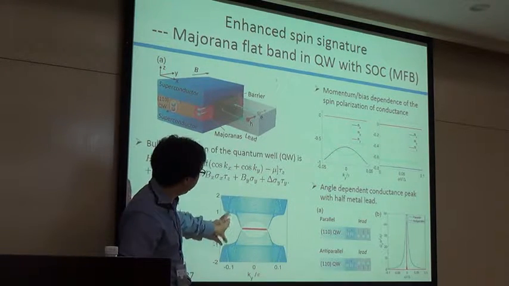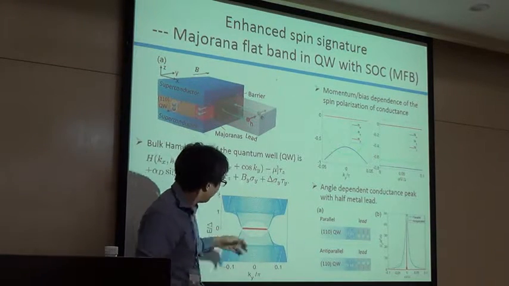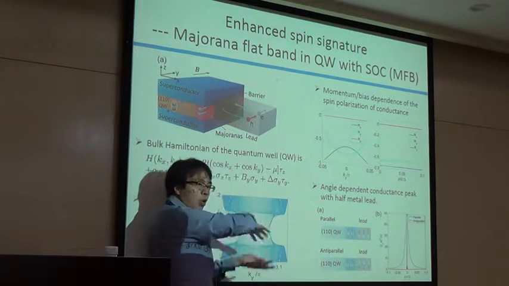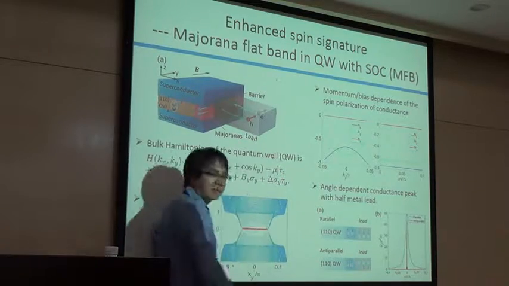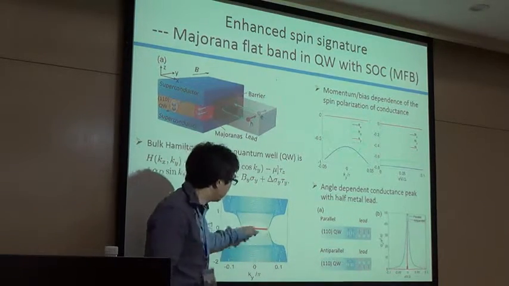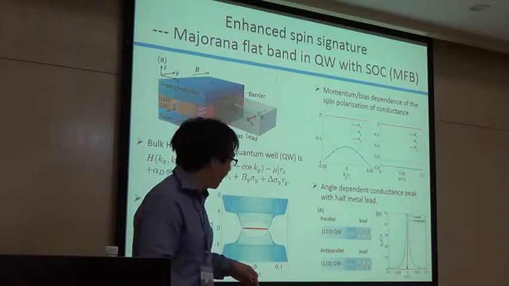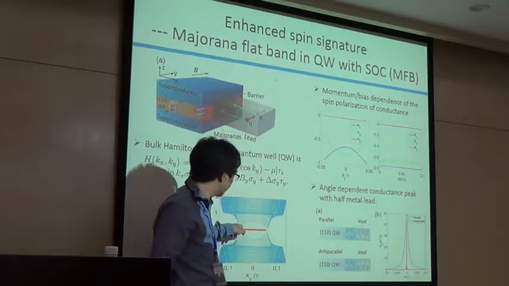This is the pairing gap inherited from your S-wave superconductor. But what you find is that, instead of gapping out the whole thing, you actually have nodal points. And these nodal points, just like the nodal points in a D-wave superconductor, are connected by a flat band. This is a flat band.